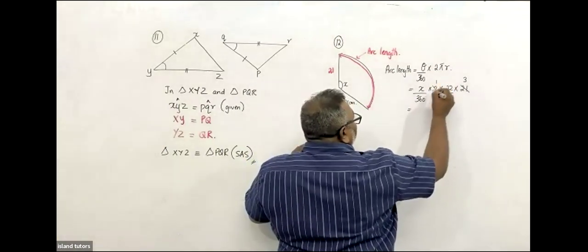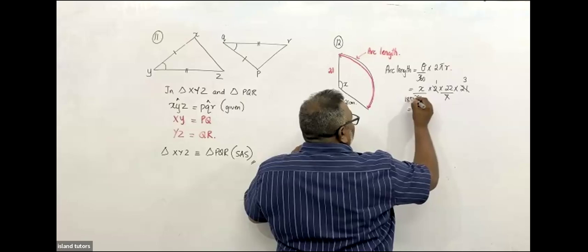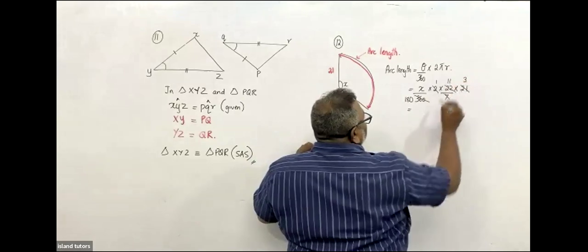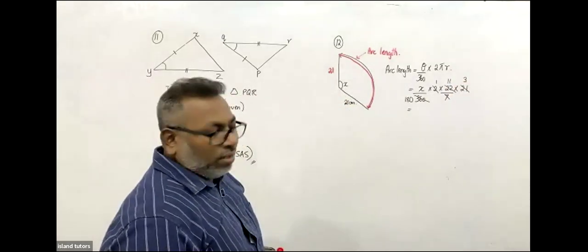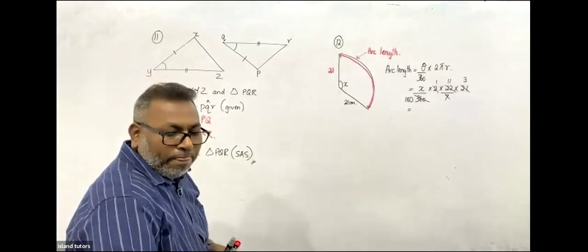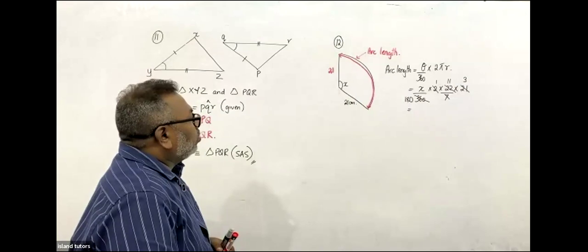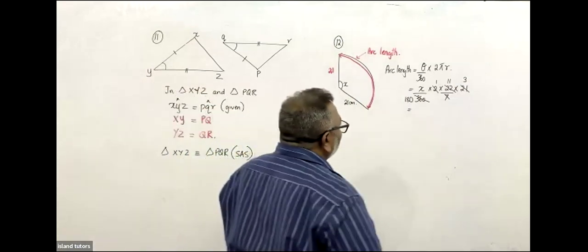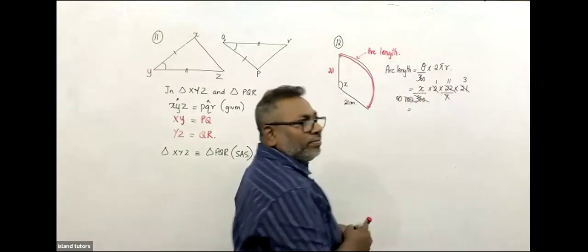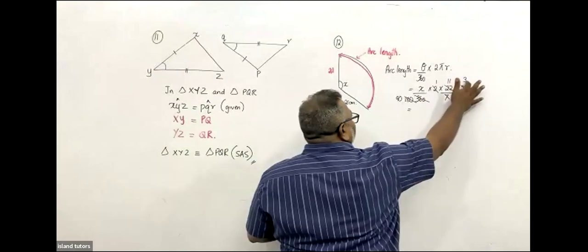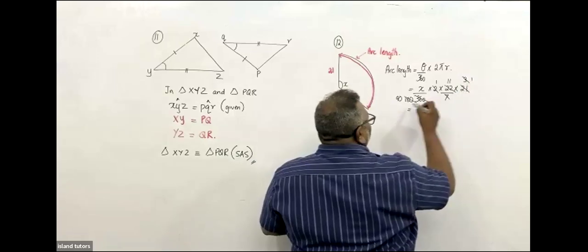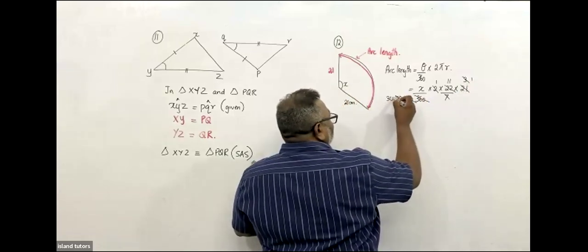This 2 and this 360 will cancel, becomes 180. 22 divided by 2 is 11. 180 divided by 2 is 90. Then you have this 3 over here. This and this you can simplify. 3 divided by 3 is 1. 90 divided by 3 is 30.